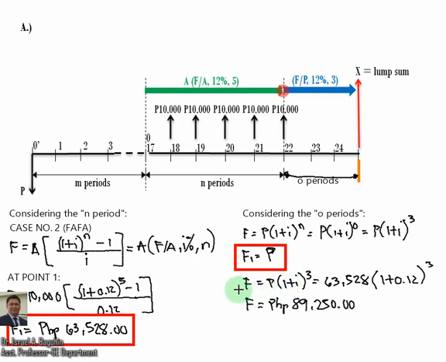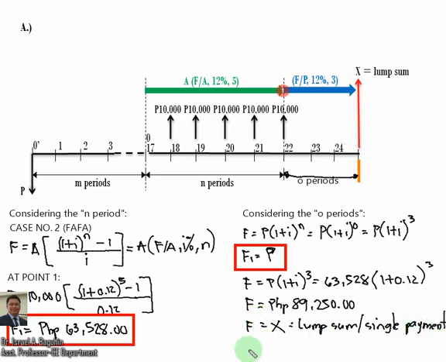So we have now this value of our F here, which is simply equal to our X, which is our lump sum or our single payment.